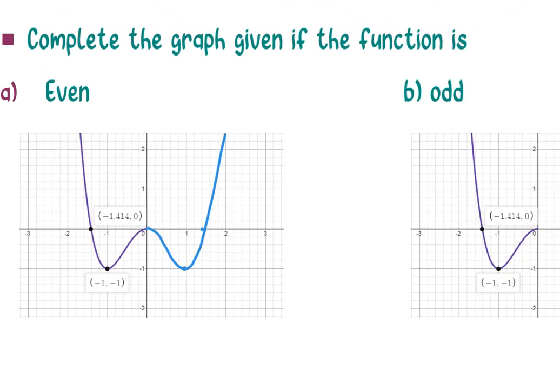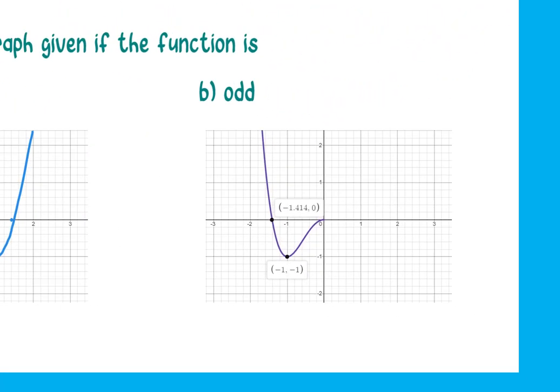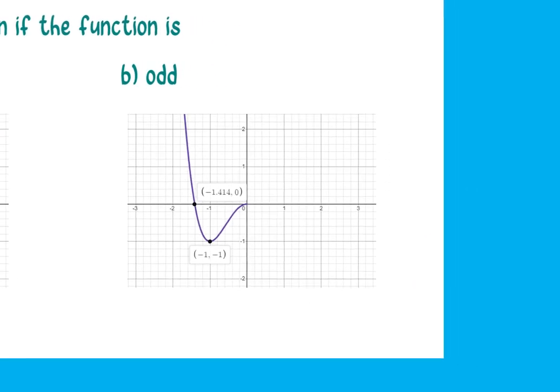And if it's odd, how do I reflect the points? Across the origin, or change the signs on your points, okay? So if it's negative 1, 1, I want to plot 1, 1. And if it's negative 1.41, 0, I want to plot positive 1.41, 0.